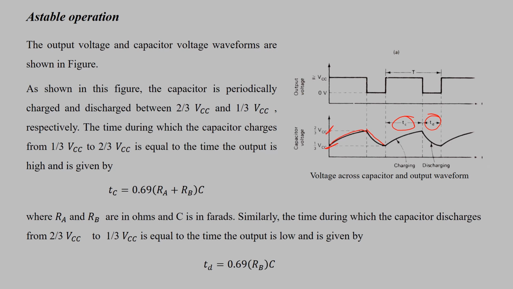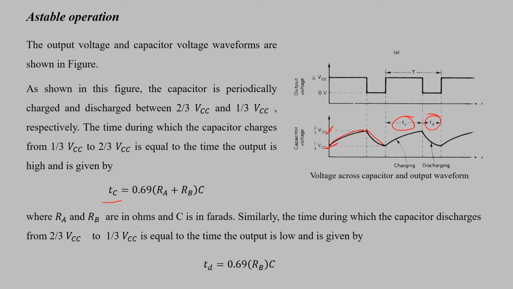The time during which the capacitor charges from 1/3 VCC to 2/3 VCC is equal to the time the output is high, and this is given by Tc = 0.69 (Ra + Rb) C, where Ra, Rb are in ohm and C is in farad.